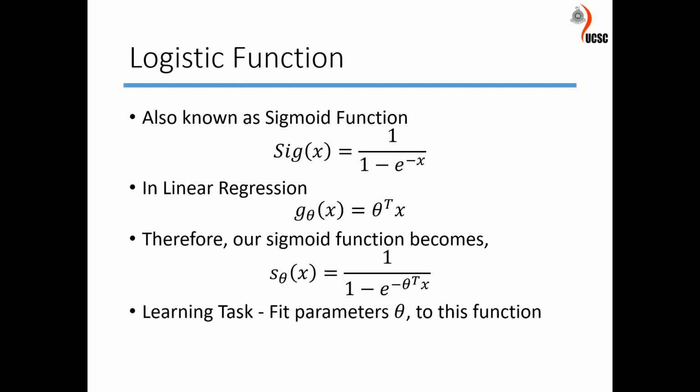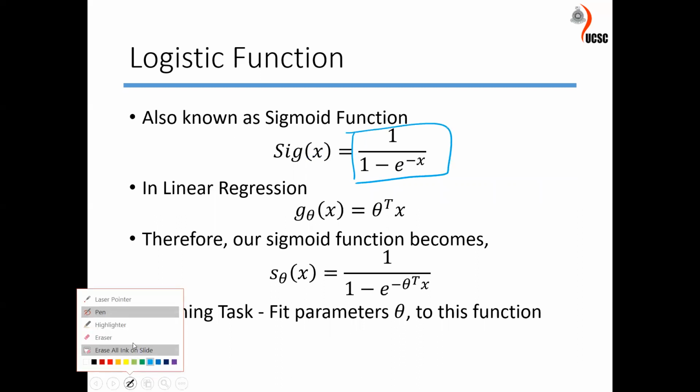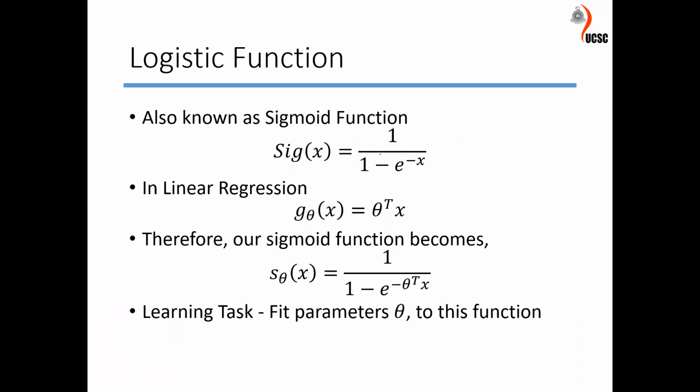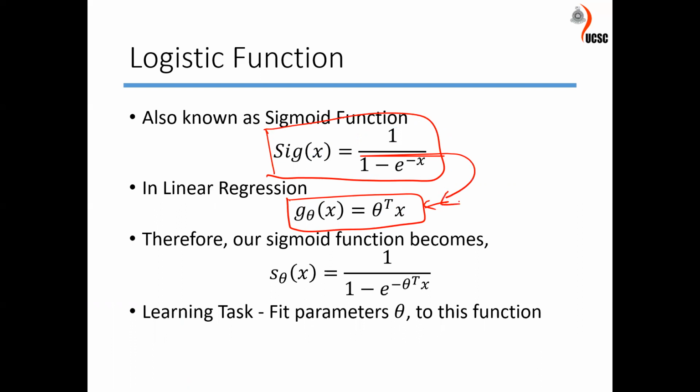So this is our sigmoid function here. From the linear regression, we end up with theta transpose x. This is our linear regression function, and this is our restrictive function. We need to apply our restrictive function on top of our linear regression.